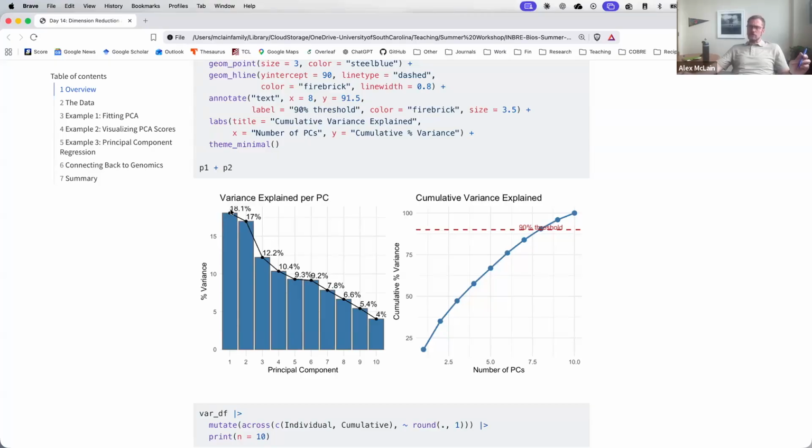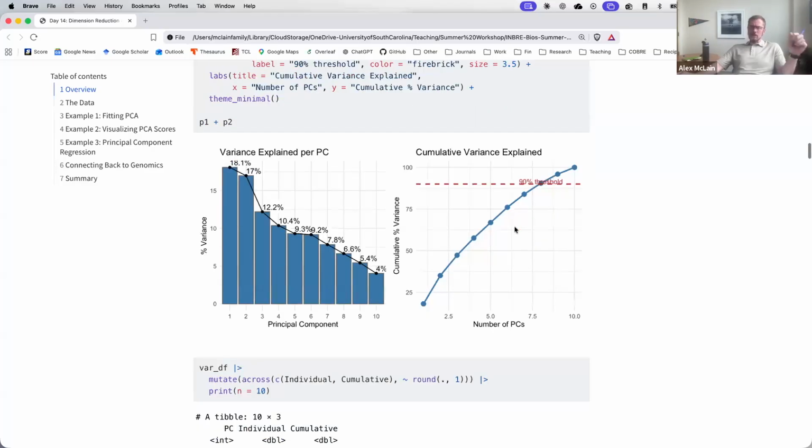So if we're using the elbow method here, maybe we would use 5 principal components. There seem to be some diminishing returns after that, or maybe even 4 principal components, some diminishing returns after that point. If we're using the cumulative variance explained, if we wanted to explain 90% of the variance, we would use 8 principal components.